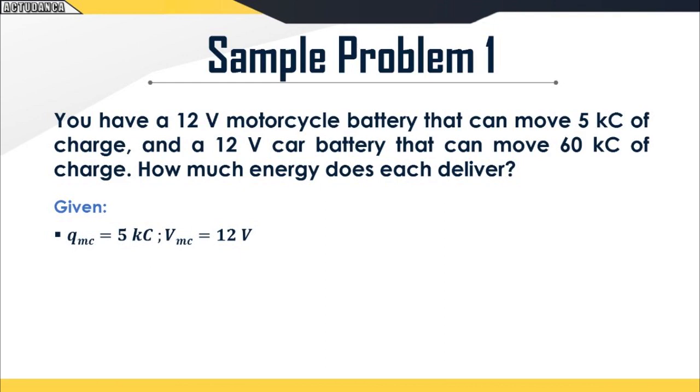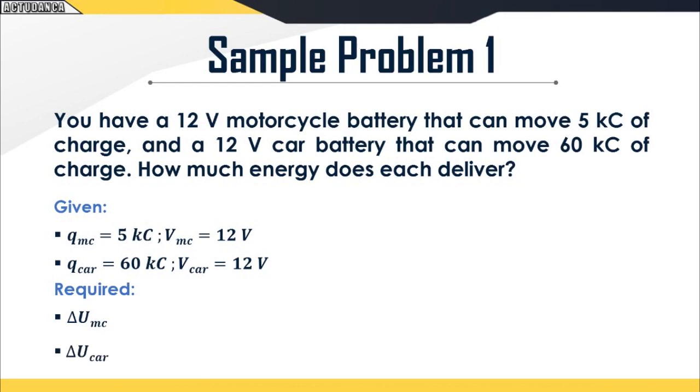We have the voltage of the motorcycle. We also have the charge and the voltage of the car battery. So for the required, we are required to compute the energy delivered by the motorcycle battery and the energy delivered by the car battery.